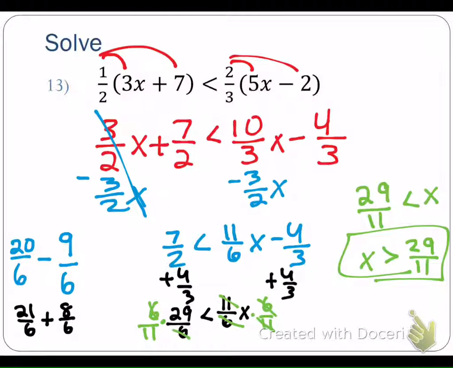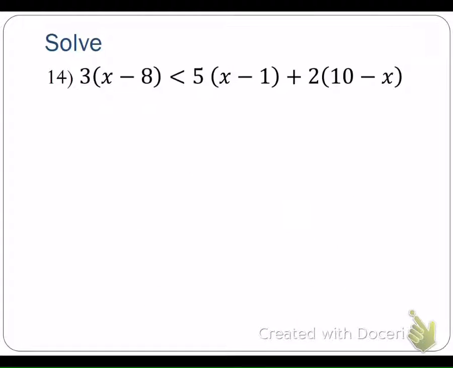Are we ready? You should do it by yourself. All right. In the front, what do I do? Distribute the 3. So 3x minus 24 less than what? 5x minus 5 plus 20 minus 2x.